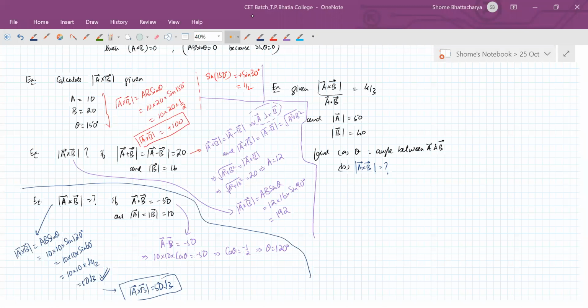Yeah, correct, Gazafar. Fourth A part answer will be 53 degrees. That's correct. Good. Theta will be 53 degrees. And from that you can easily calculate this.